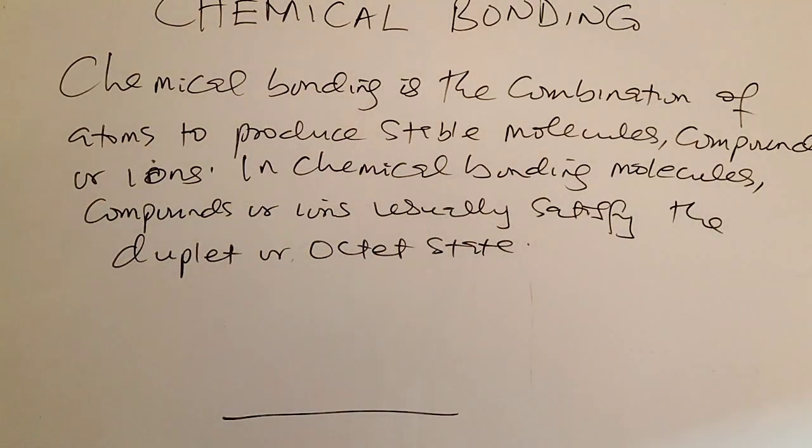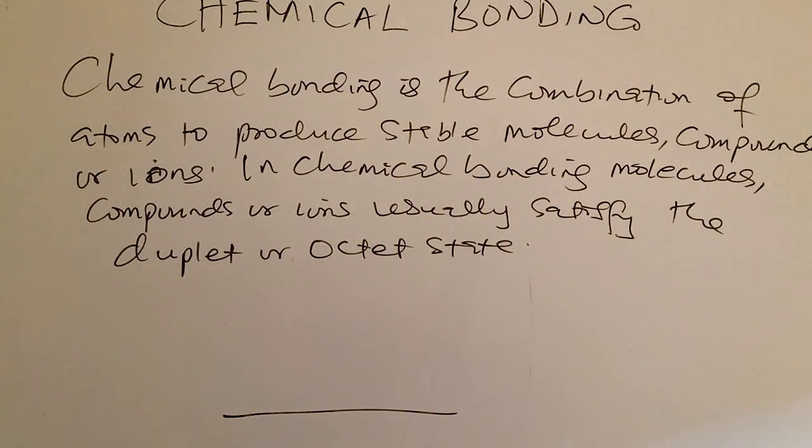So during chemical bonding, the molecules produced, the ions formed, or the compounds produced usually satisfy the duplet or octet state. So are there molecules that do not satisfy the duplet or octet state? Yes. There are molecules that do not satisfy duplet or octet state even after bonding. We're going to look at the deviation from the octet or duplet rule later on in this topic.